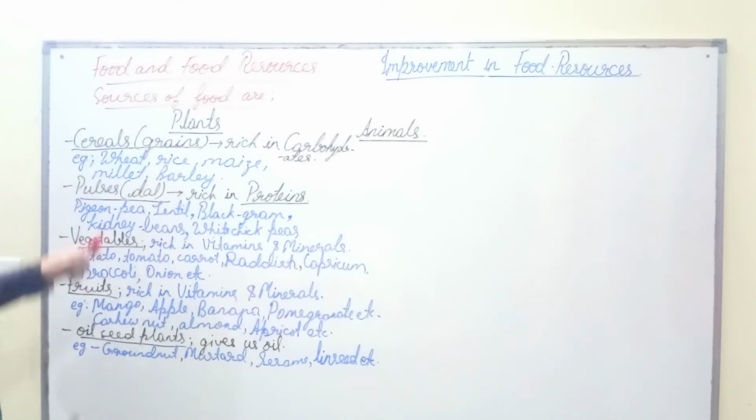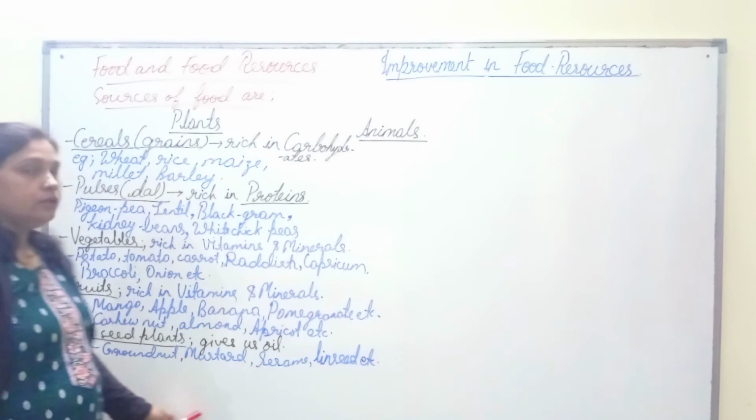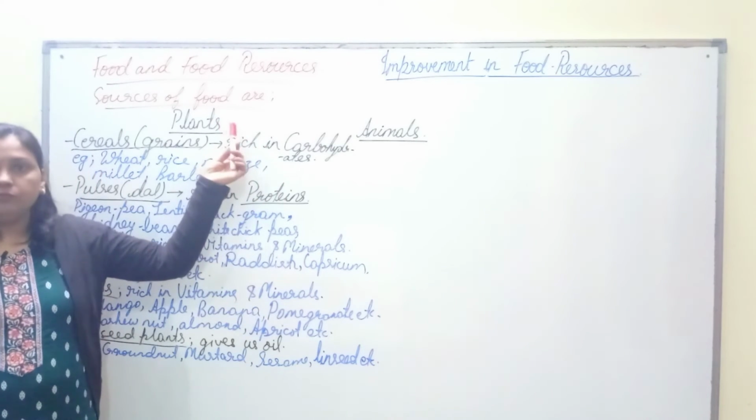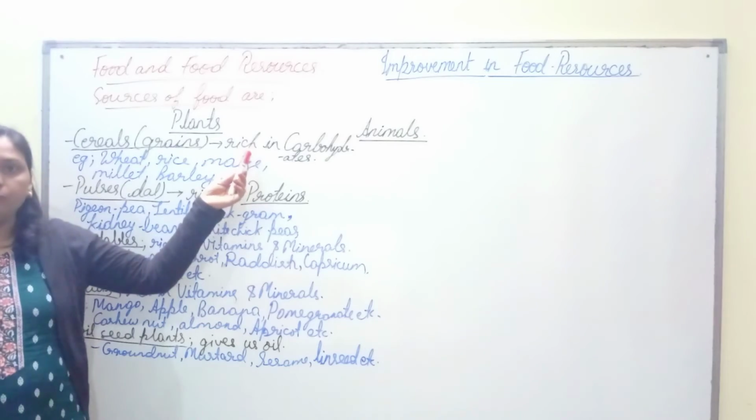So these are the different sources from plants from which we get different types of food.